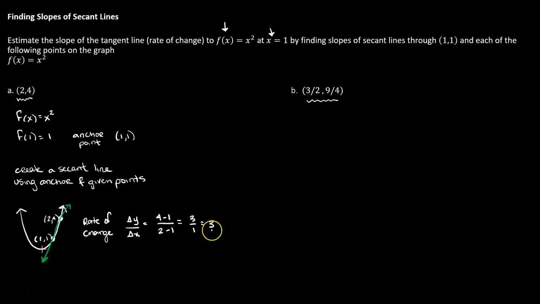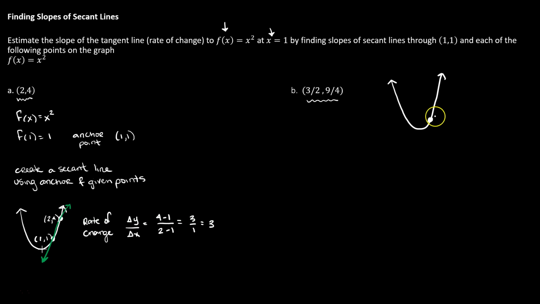We're going to try that same calculation, but this time we're going to use a given point at (3/2, 9/4). So we're using the same anchor point. Copy our graph over. Same function, and we're at the same anchor point (1, 1), but this time we're at (3/2, 9/4).